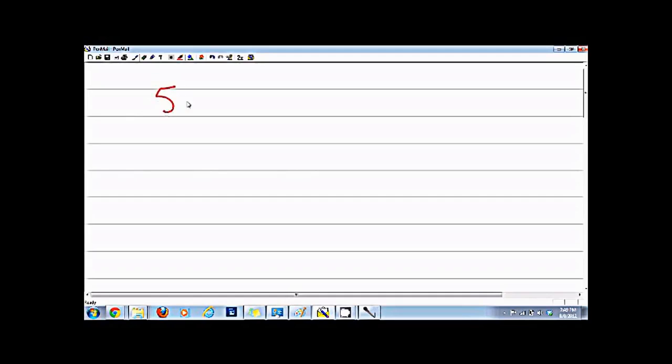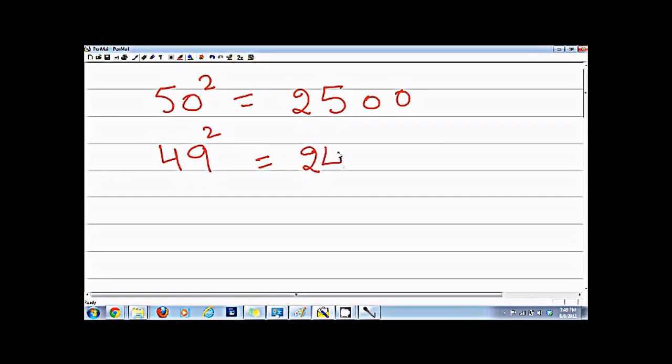So if I have 50 and I want to square it, I will just write 2500. Now if I want to take the square of 49, all I will do is subtract 1 from 25, because 49 is 1 less than 50, so I will say 24, and then write the square of 1, which is 1.